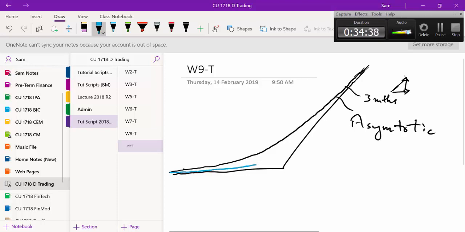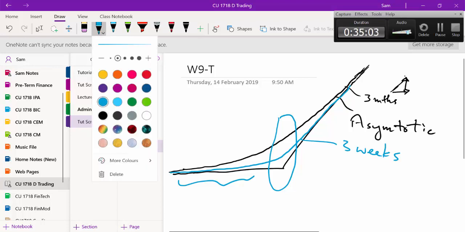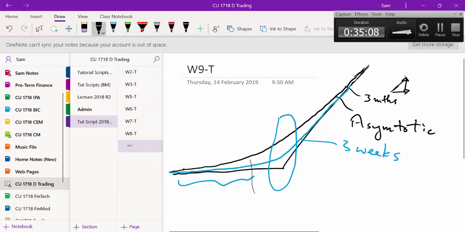It's very hard to draw these. So for most of the time, delta doesn't really change until you get to around here. This is if it's 3 weeks. Whereas if it was 3 months, then your delta will start changing a lot earlier, from maybe this point onwards.